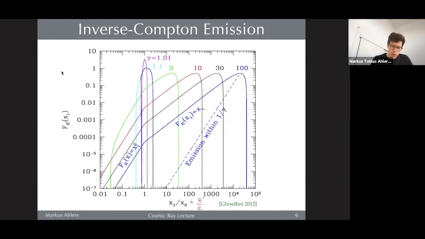And the distribution of photons produced by inverse Compton scattering is also going to peak at some energy. And the peak of this distribution will be at about the average photon energy of this distribution, which is given by 4/3 gamma squared epsilon zero, where epsilon zero is the energy of the photon in the background field.